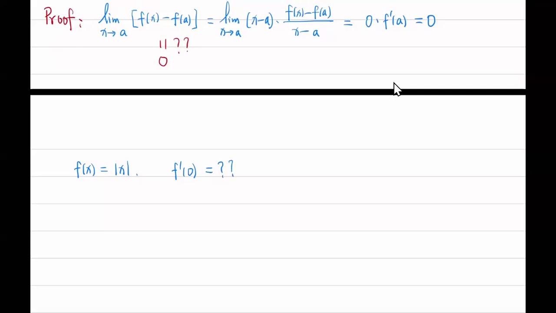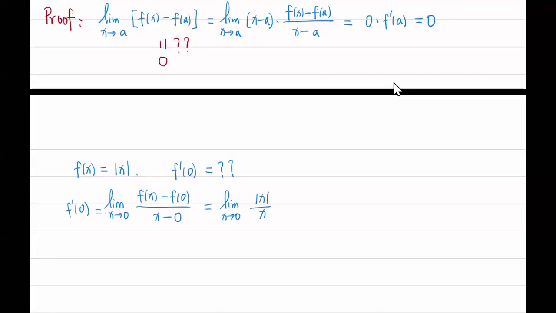So let's start with the definition. Let's plug in and see how far we can push. It will be |x| over x.